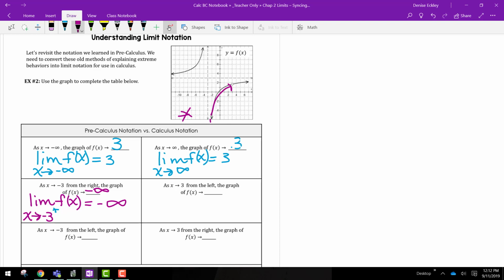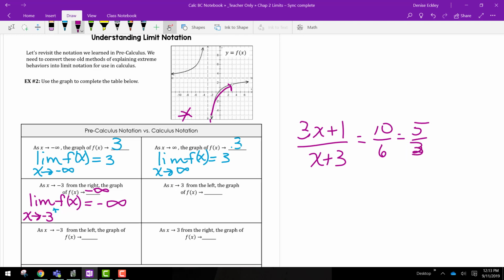If I look at my simplified function, 3x plus 1 over x plus 3, and I substitute 3 into that, I would get 10 over 6, which would be 5 thirds.